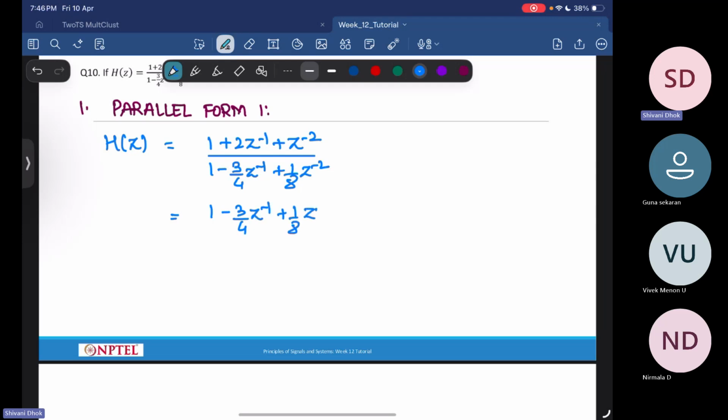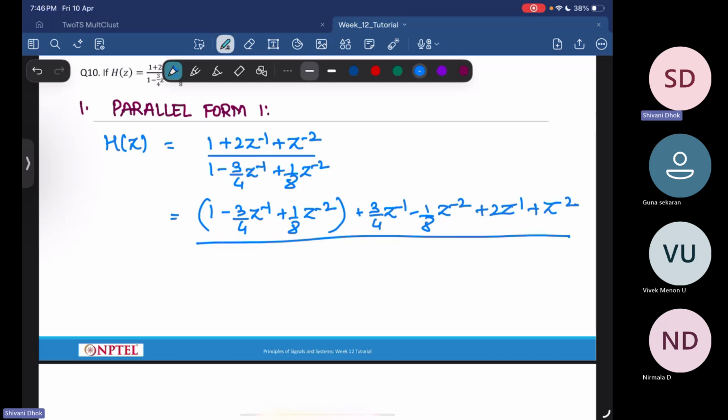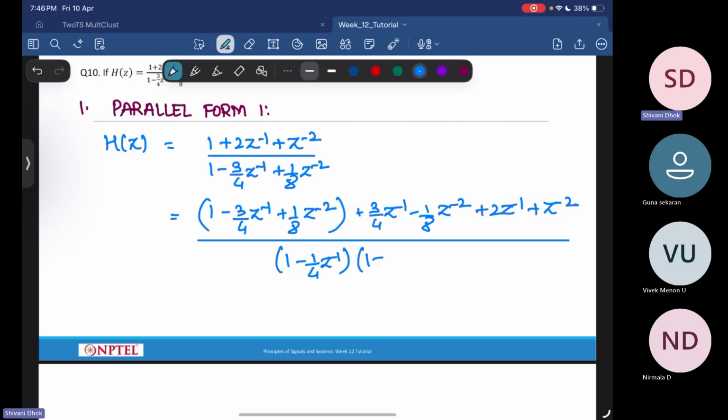Plus 1 by 8 z to the power minus 2 plus 3 by 4 z inverse minus 1 by 8 z to the power minus 2, and you already had 2z inverse plus z to the power minus 2 as it is, divided by, I can factorize the denominator as (1 minus 1 by 4 z inverse) into (1 minus 1 by 2 z inverse).